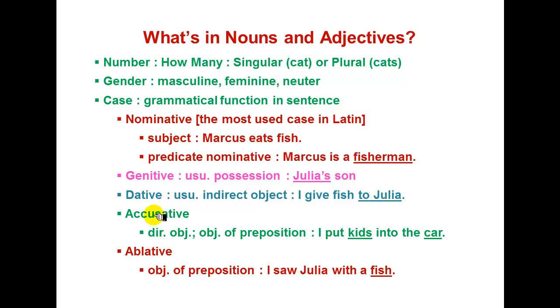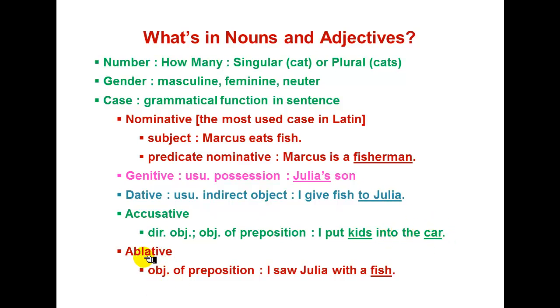Latin also has an accusative case, which is the direct object of a verb, or the object of certain prepositions. So in the sentence, I put kids into the car, kids would be accusative in Latin, and the word car would also be accusative in Latin. The Latin preposition that represents into takes an accusative object.